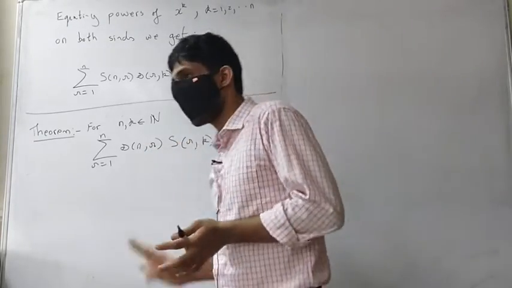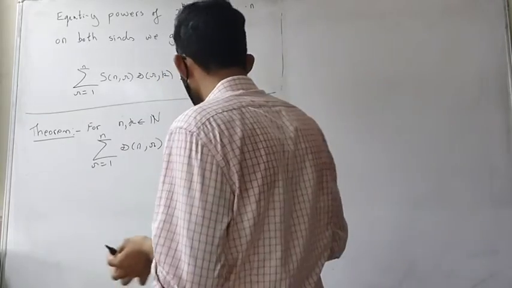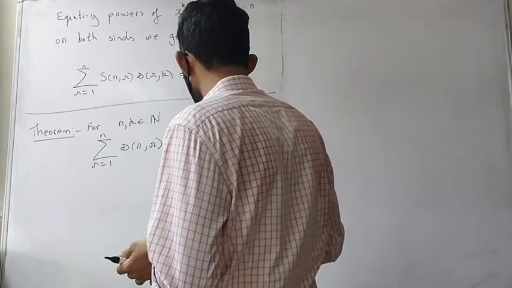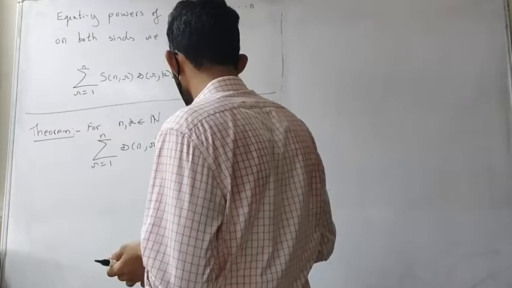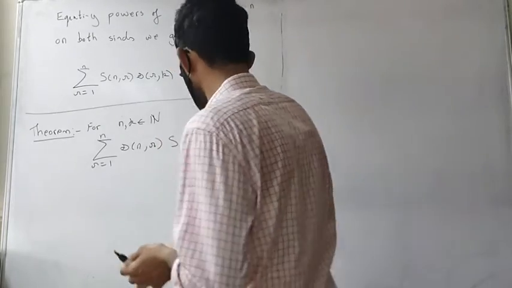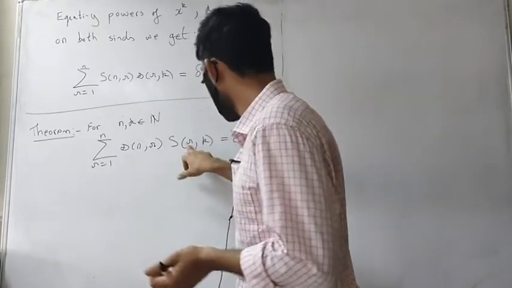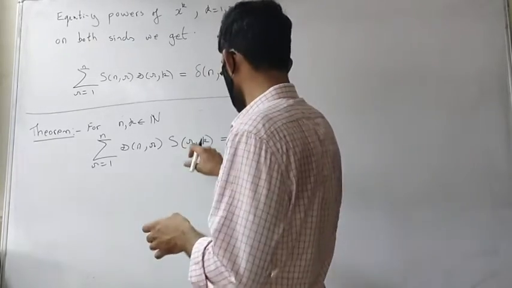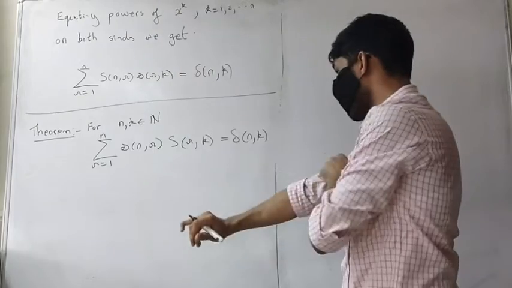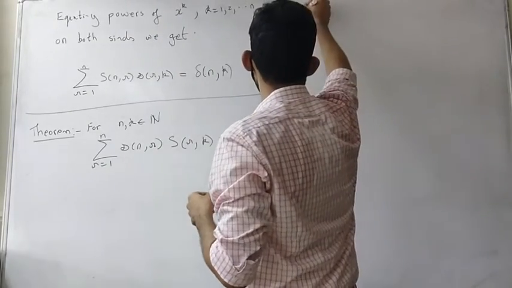So this full thing would be, I'm right, no? K is greater than n. If k is greater than n, this one will always be 0. So that we don't have to worry about. Now let's start with the falling factorial.